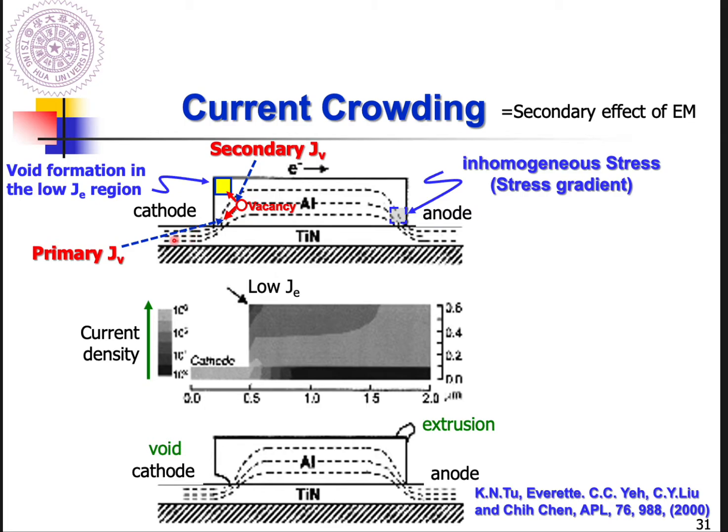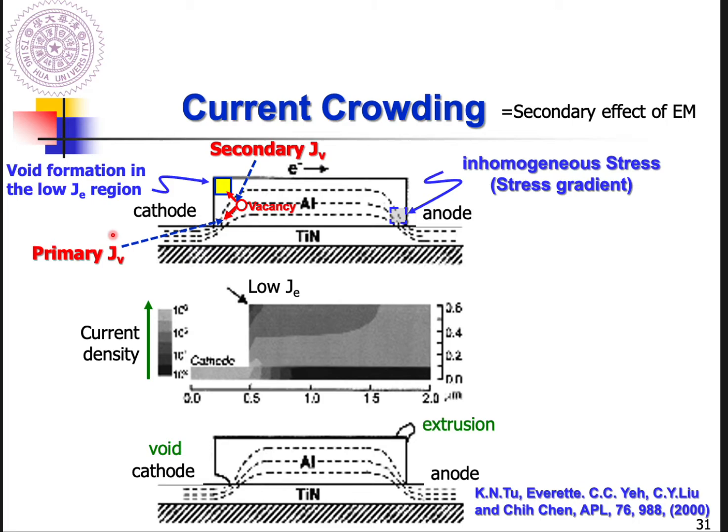You can observe current passing through this aluminum line, and because the electrical conductivity of aluminum is higher than titanium nitride, the current will pass through here, then go up, go through the aluminum line, then go down and go to the left-hand side.